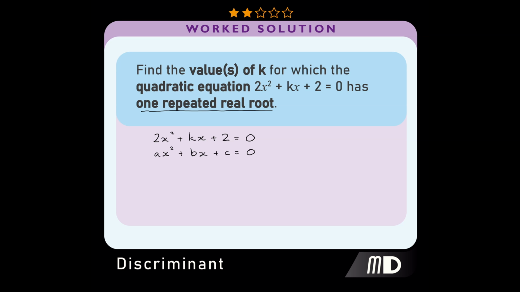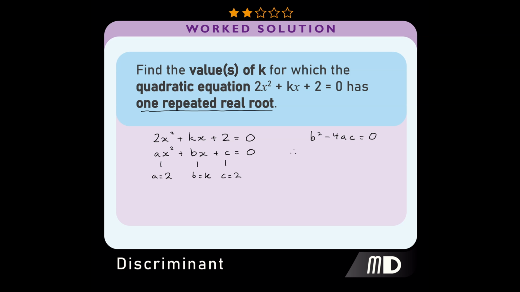And we can see that a is equal to 2, b is equal to k, and c is equal to 2. Now let's write the discriminant b squared minus 4ac and make it equal to 0 for one repeated real root.